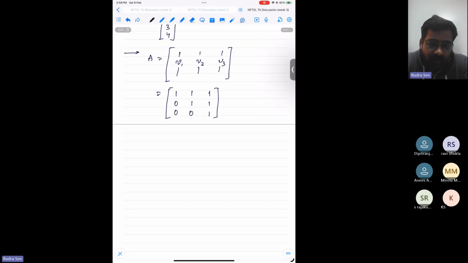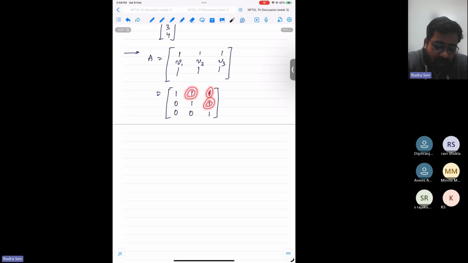This matrix is basically already in echelon form. You can do it in row echelon form as well, and then in reduced row echelon form. If you do this reduced row echelon form, you will simply get an identity matrix, because in reduced row echelon form you have to make the elements above the pivot elements 0.